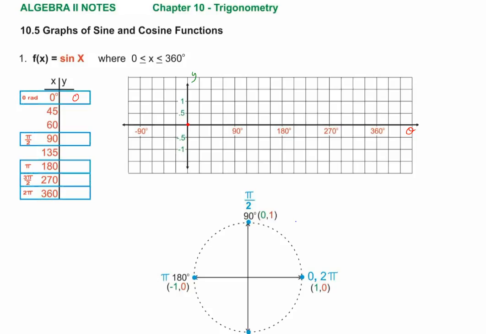Punch in 45, hit the sine button, and you got 0.7071. All right, let's see, where's 45? Half of 90, so 45 is right there. And so 0.707, about there, roughly, right? Halfway between 0.5 and 1.